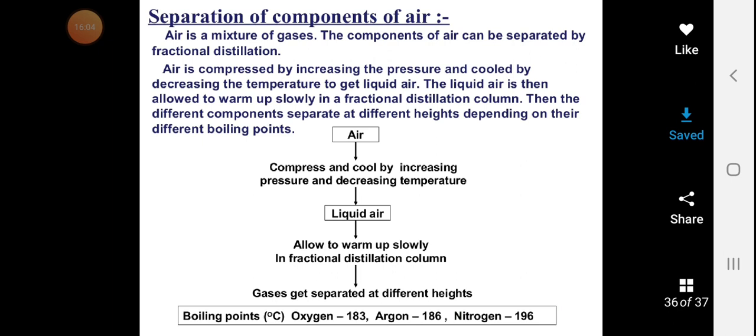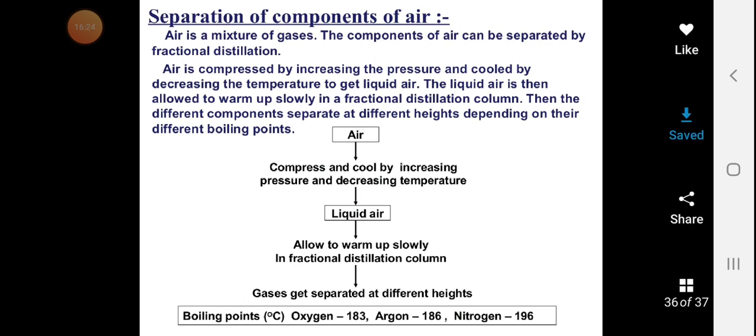Here you can see in the air flow chart, air is compressed first and cooled down by increasing pressure and decreasing temperature. That air turns into liquid air, and this is allowed to warm up slowly in the fractional distillation column.